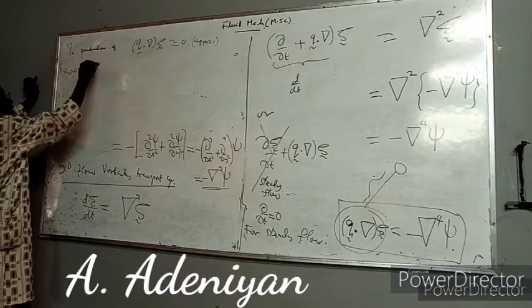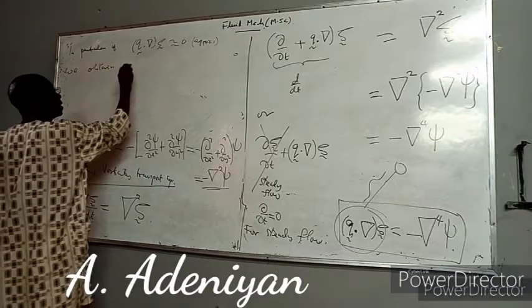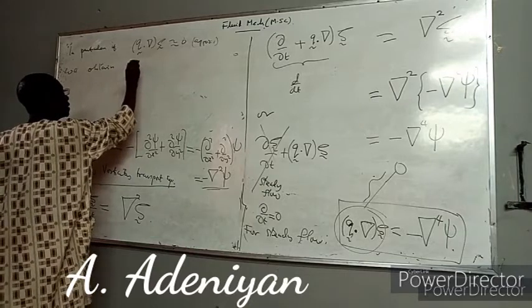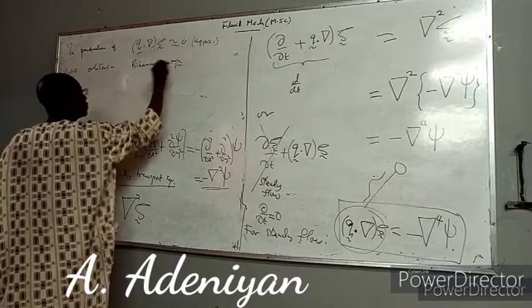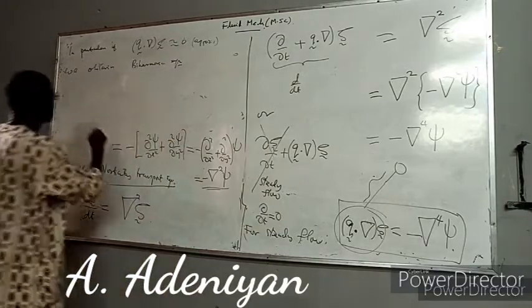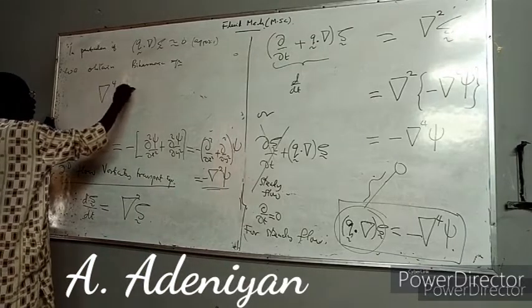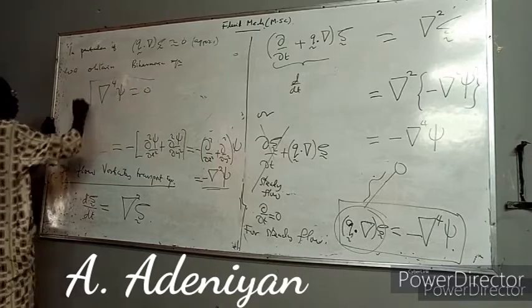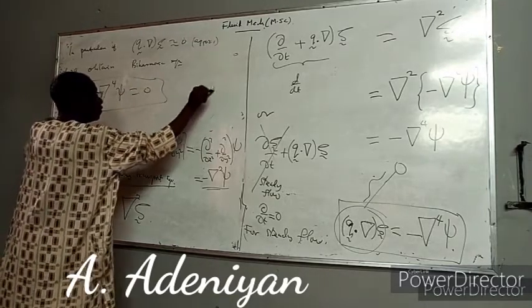We obtain the biharmonic equation, which is what? Because this one is zero, that means the biharmonic equation is ∇⁴ψ is equal to 0 for the stream function.